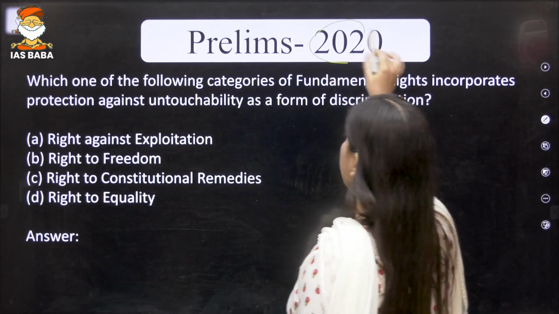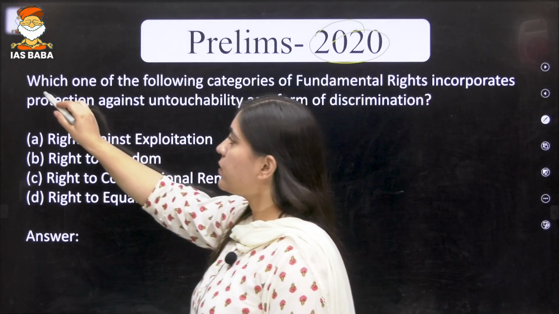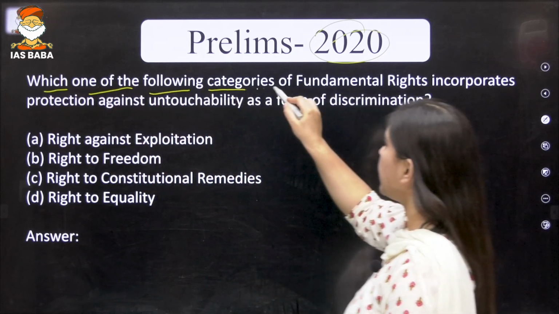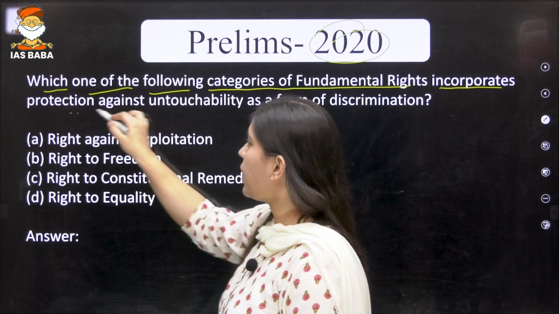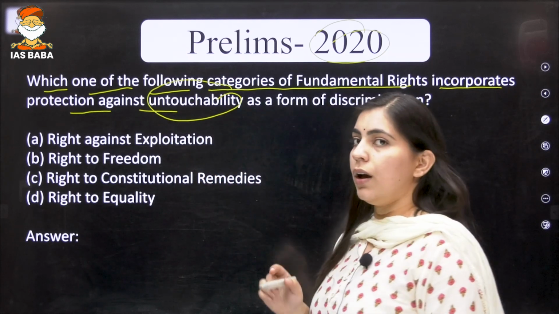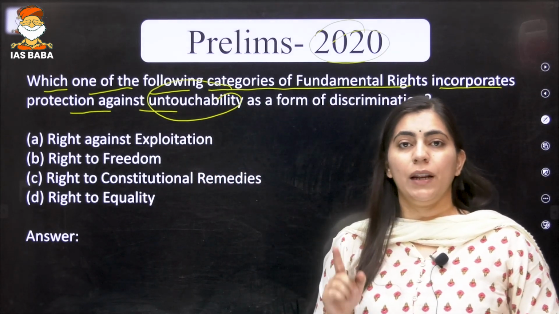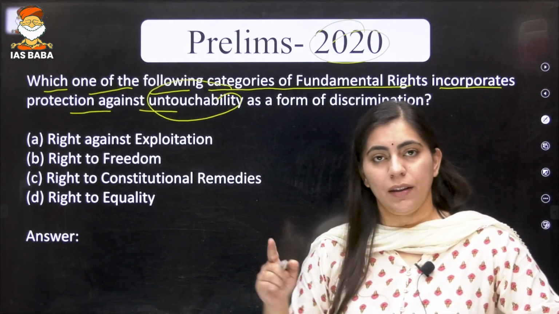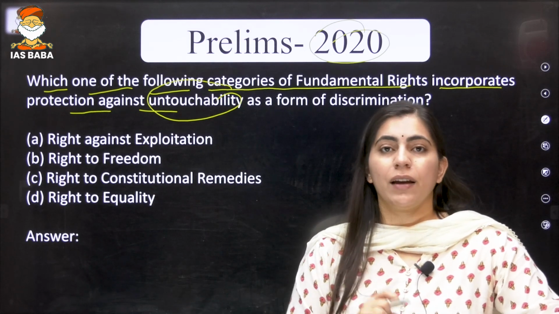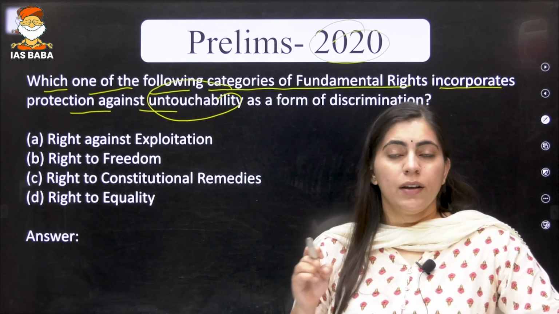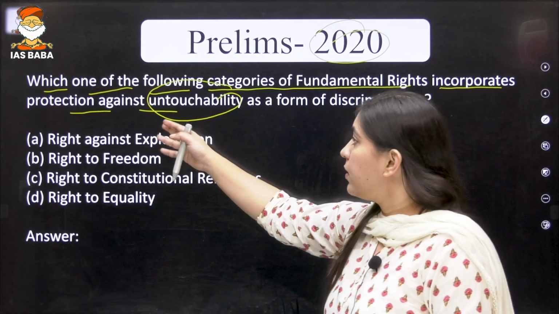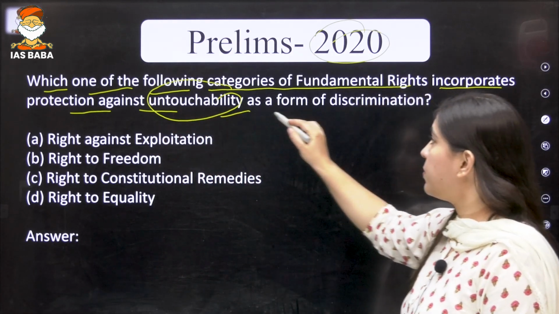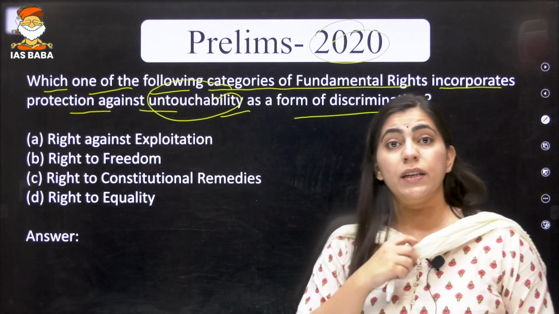Now in 2020, this question was asked: which one of the following categories of fundamental rights incorporates protection against untouchability? Again, a similar umbrella question to the one asked in the first part, that is, right against exploitation includes what? The same question has been framed in 2020: the protection against untouchability as a form of discrimination, is it under what?